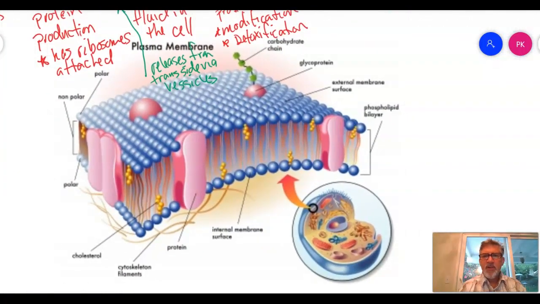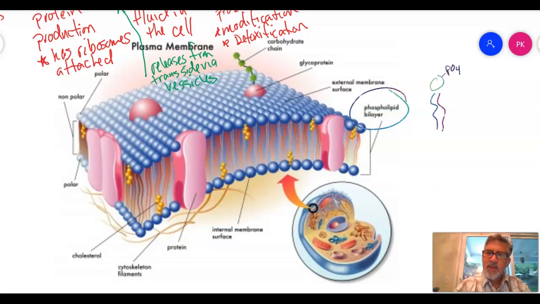Right, so let's talk a little bit about the plasma membrane. The plasma membrane contains phospholipids, so it has a phospholipid bilayer. It's like a triglyceride, but it's a diglyceride, right? So this is hydrophilic.